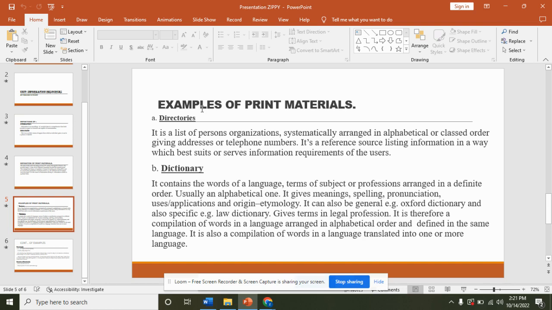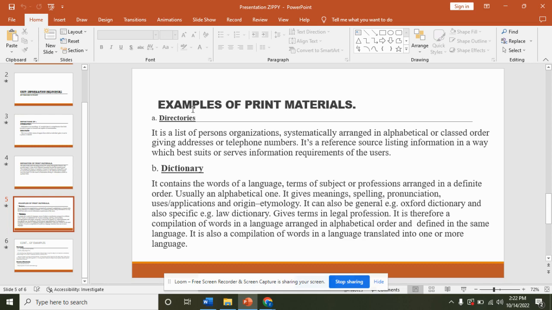It's a reference source, listing information in a way which best suits or serves the information requirements of the users. Directories are always found in your libraries. For now, after my lesson, you can visit your libraries, look for a directory, a dictionary, and an encyclopedia. Go through them and see what they contain inside.